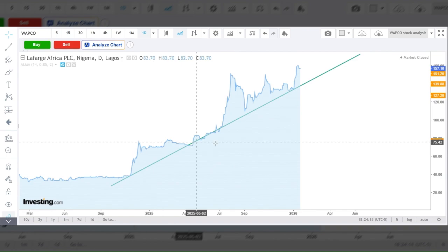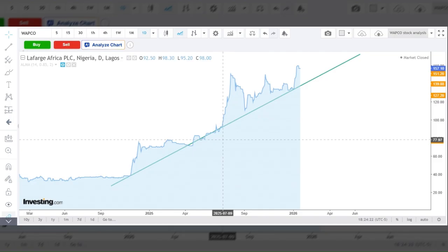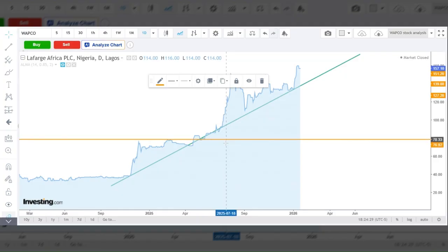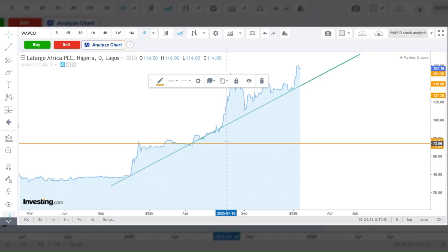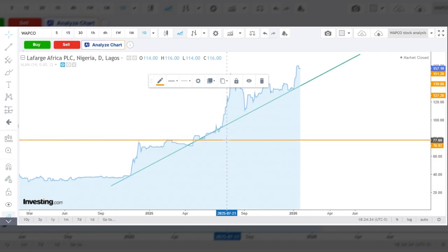So what I do when I'm drawing support and resistance is I always try to ensure that it touches at least two spots. Okay, so we start here. Touch here. Ensure that it touches at least two spots. This is it.